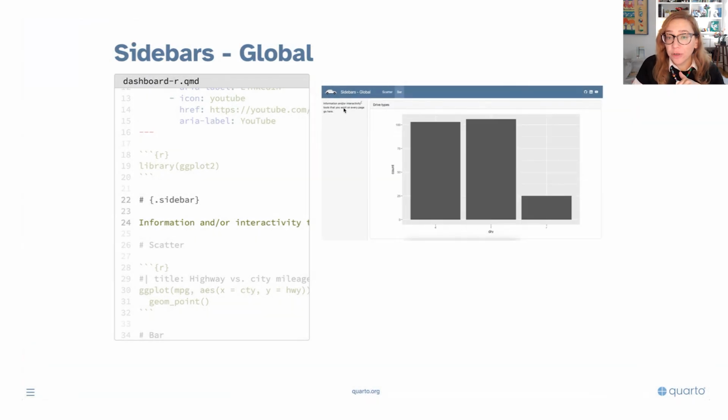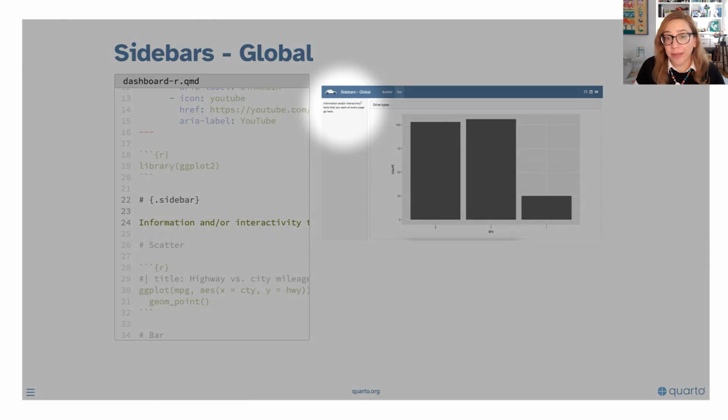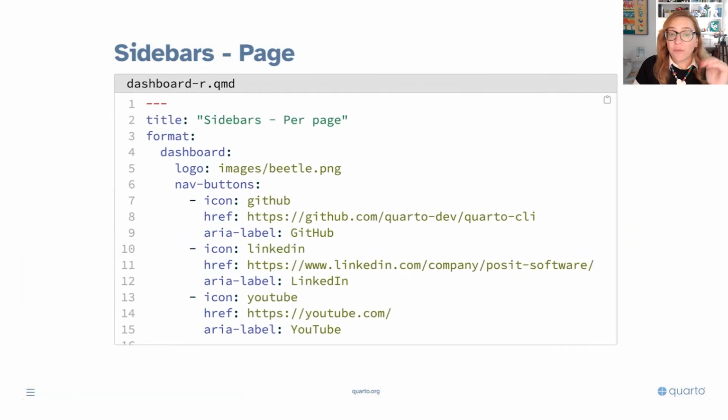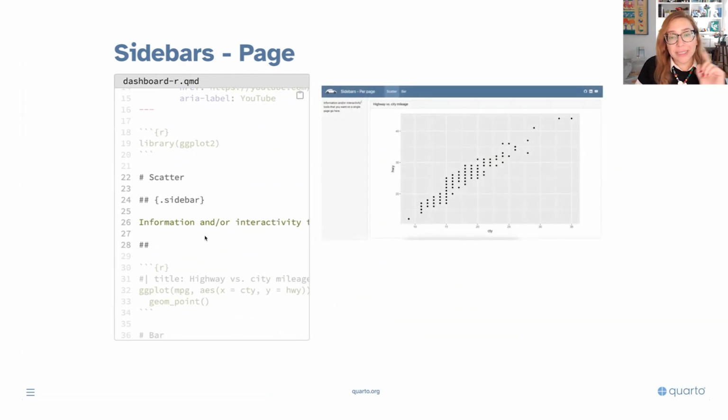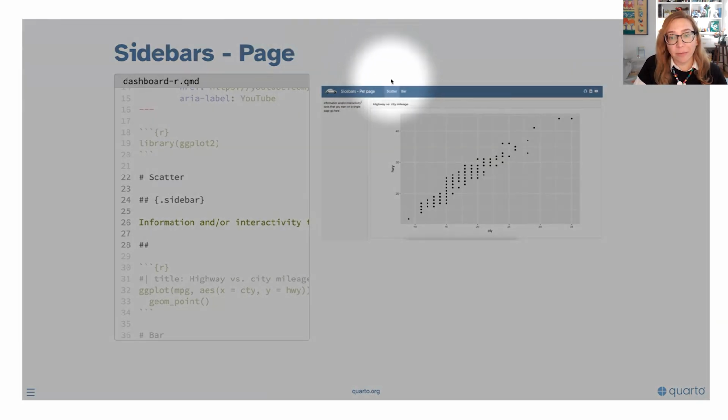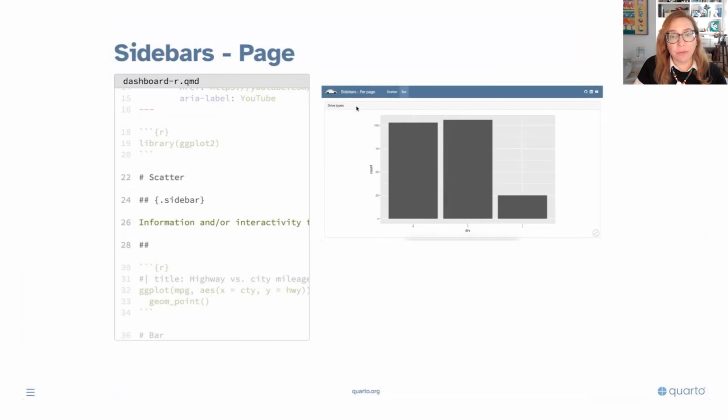And if I scroll over to the other page, we're seeing that the same sidebar is available there. For a page level sidebar, we can then leave the page label as a first level heading, and then inside of that we're using a second level heading for our sidebar with the same class and the same text available here. So here we can see that that sidebar is available on our scatter page, but it's not on our other page on the dashboard.